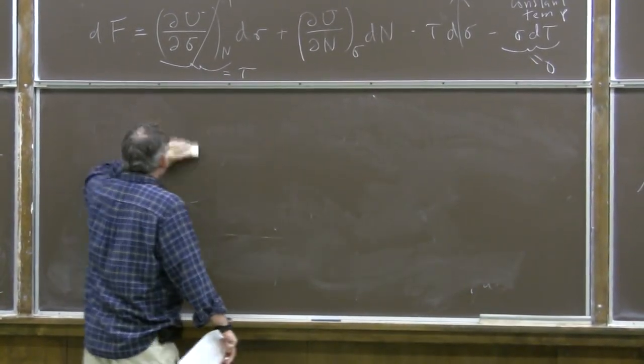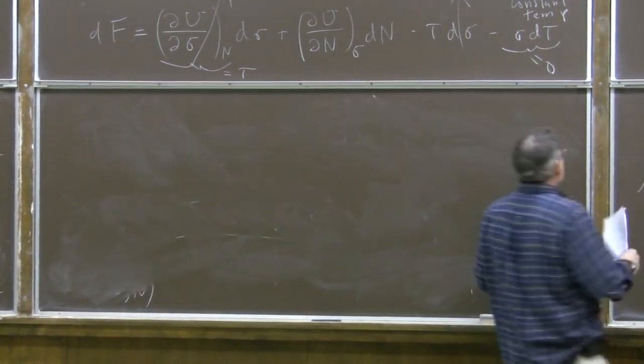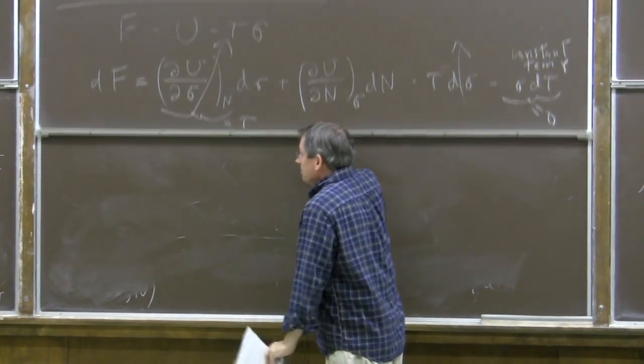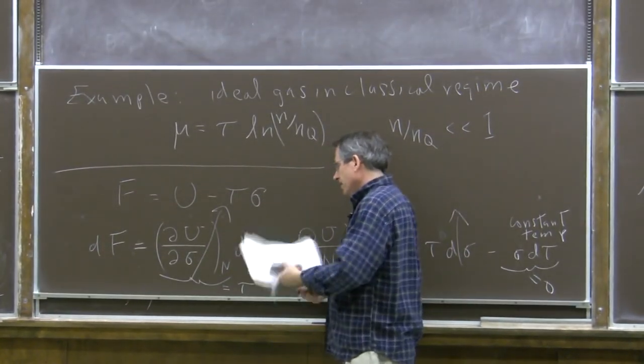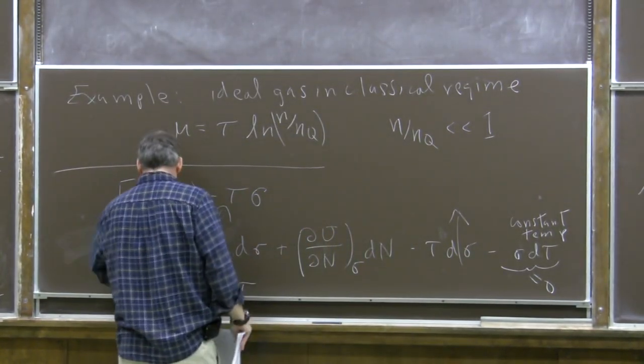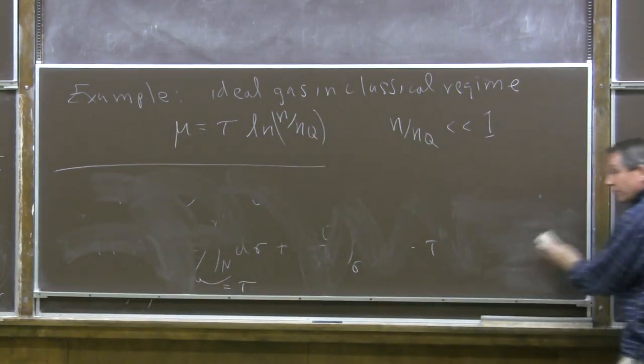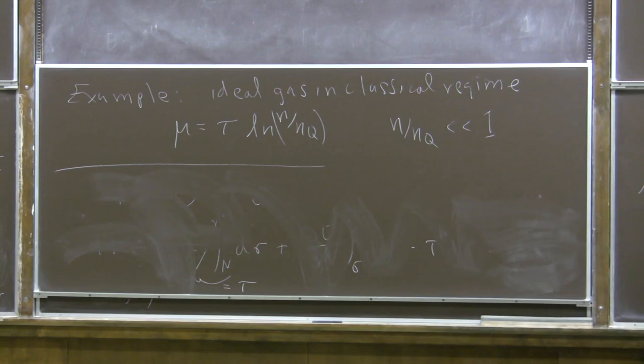Well, if I'm interested in describing a system with a particular value of the total energy, like the ideal gas, I can imagine putting the system in contact with a reservoir at some temperature. And then as I adjust the temperature, the energy of the system will change.